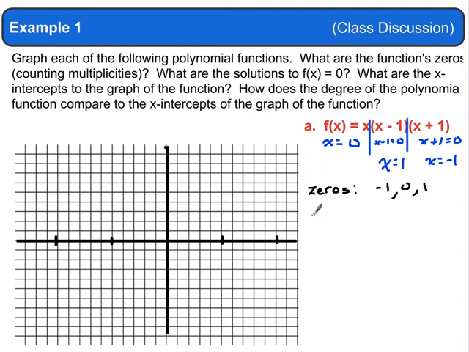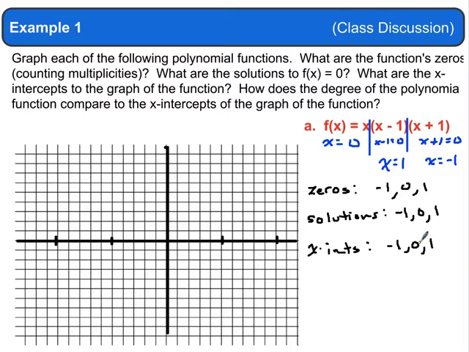If we talked about the solutions to f of x, the solutions are the same thing: negative 1, 0, and 1. If we said the terminology x-intercepts, well, lo and behold, that is the same thing too. So whether we call it zeros, solutions, or x-intercepts, they give the same result.